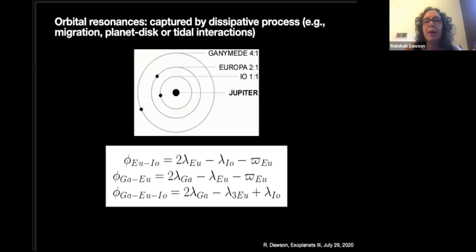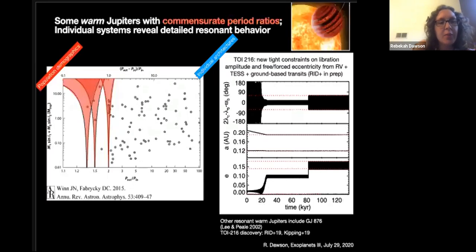If we look a little bit further from the star at warm Jupiters, so maybe 10 to 100 day orbital periods, some have been observed to have integer period ratios. Here on the left, I'm showing a plot of planet mass versus period ratio, where the red shaded regions are places where there's integer period ratios between the planets.